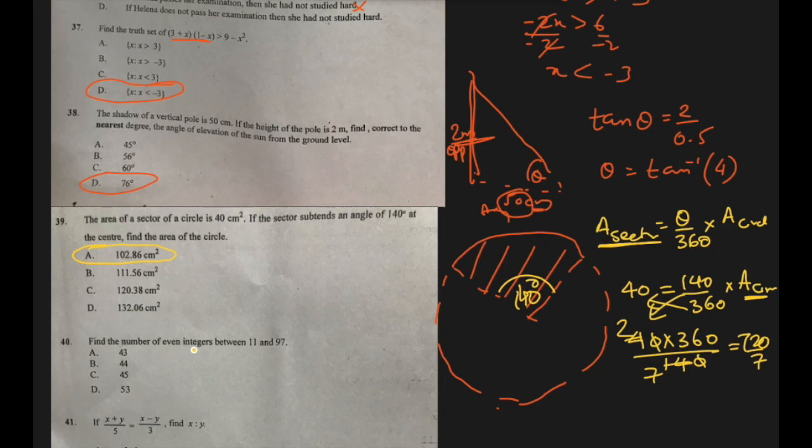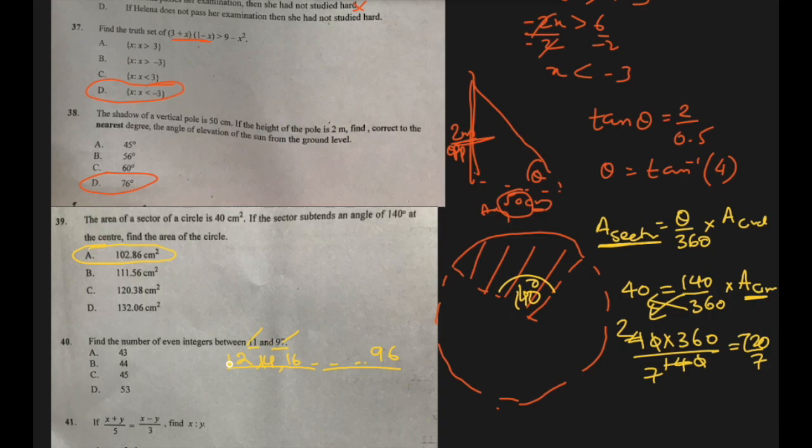Find the number of even integers between 11 and 97. Even integers. Okay, so 12 is the first even integer, and then 14 and 16 till 96. So let's forget what was there, 11 and 97, and see how many numbers they make.